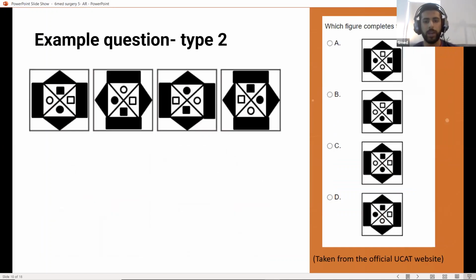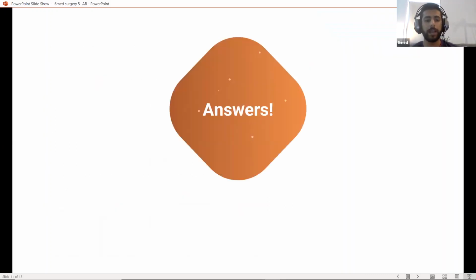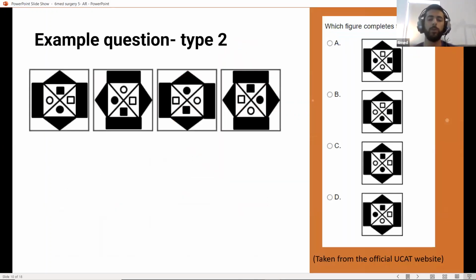So for type 2, I believe the answer was C. Yeah. So essentially what happens is the whole shape rotates 90 degrees clockwise, and the small black squares alternate in color. So remember, this is sequence one, so it goes from one to the next, to the next, to the next. You can see quite clearly the outer shape is rotating.